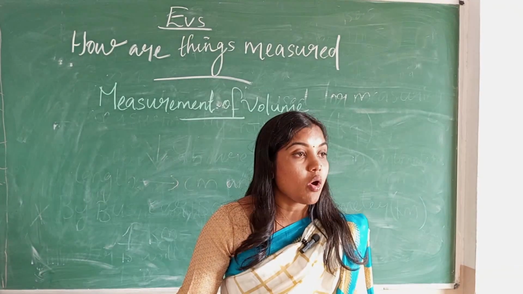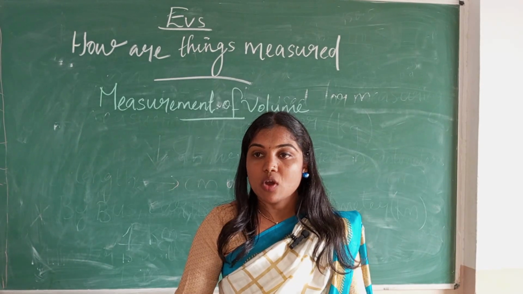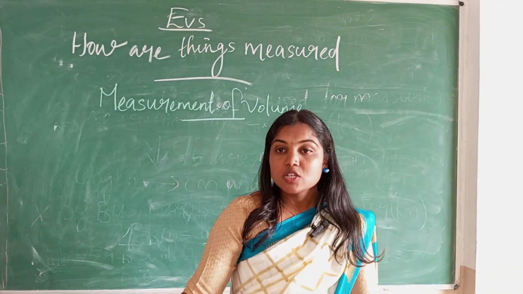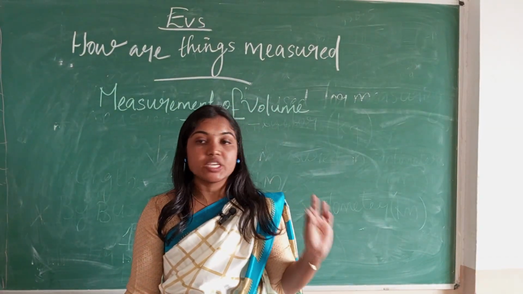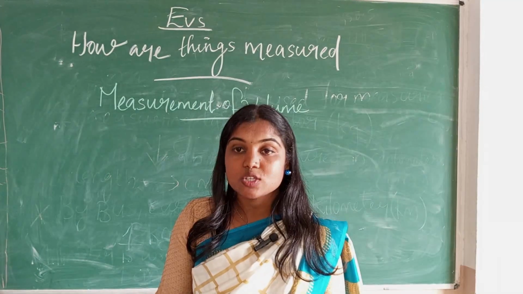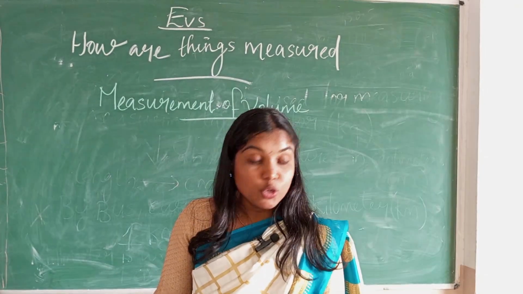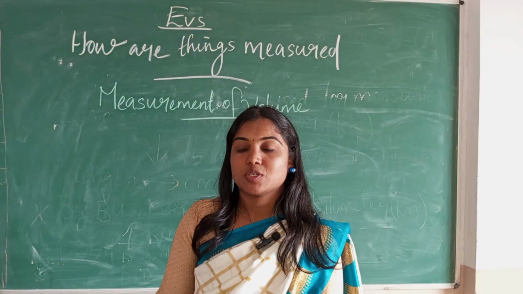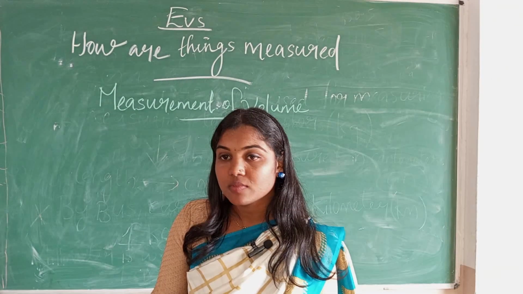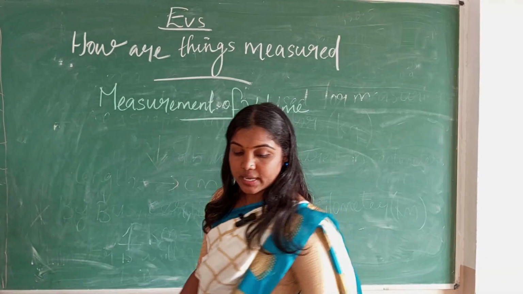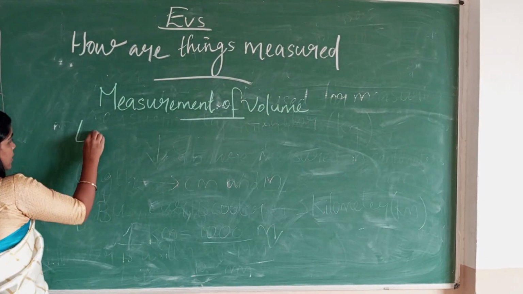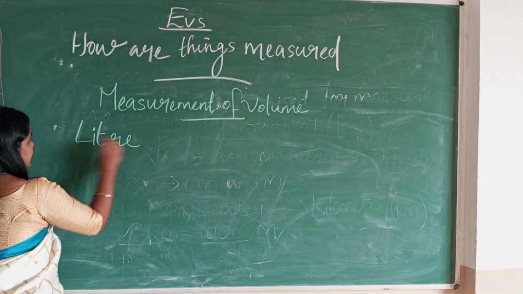The space that liquid takes up is called volume. So liter, L-I-T-R-E, liter. Liter is commonly used as the unit to measure volume. So how to measure the volume? Liter.